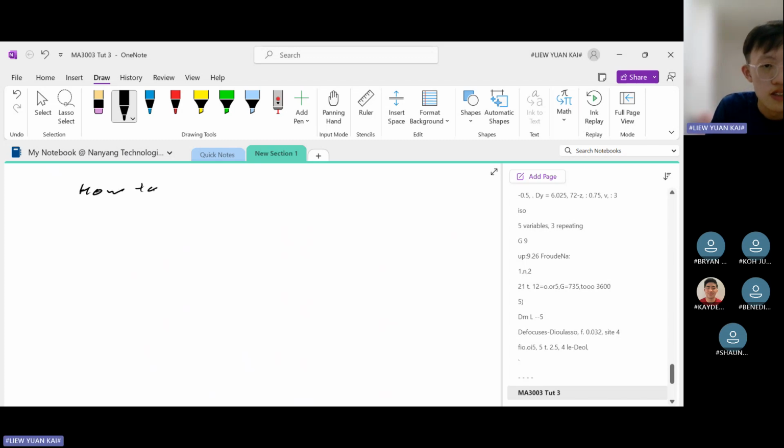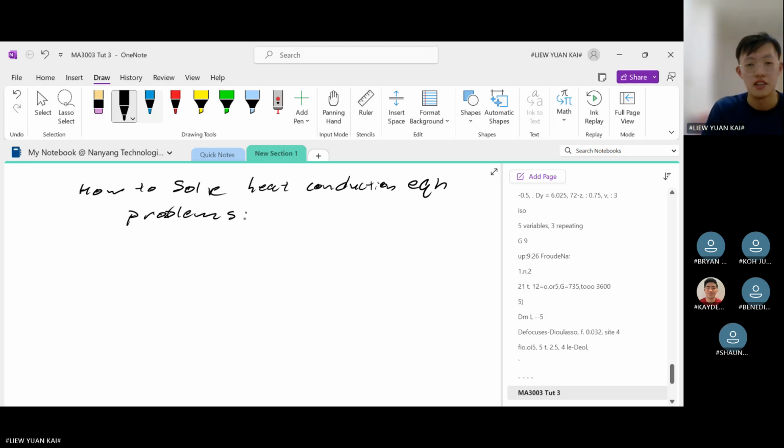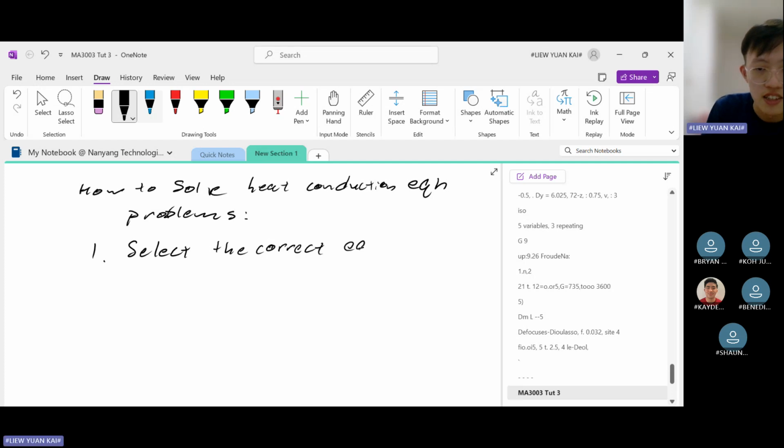How to solve a heat conduction equation. Okay, that is called heat conduction equation problems. So this is the recipe. Number one, select the correct equation.